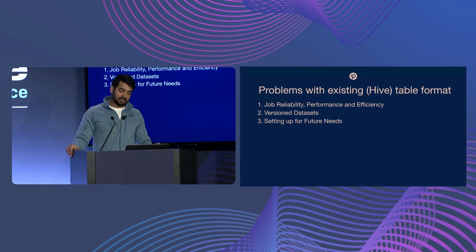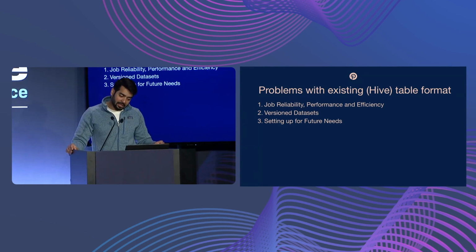And for our compute jobs, just to do job planning, we would go list a prefix, and that would take ages. We'd see 503s. So even before we start doing interesting work, in job planning, we were seeing a lot of slowness. In some cases, some of the very large prefixes can take up to 30 minutes. And all those list calls add up and cost us quite a bit of money too.